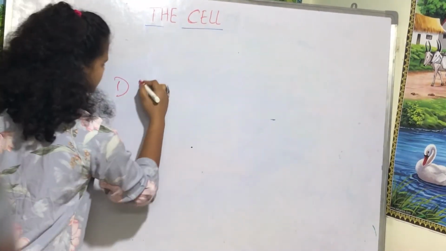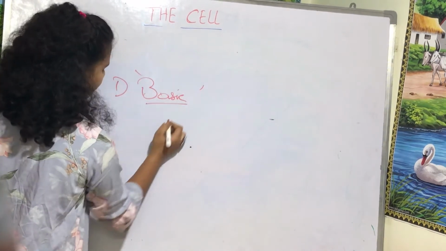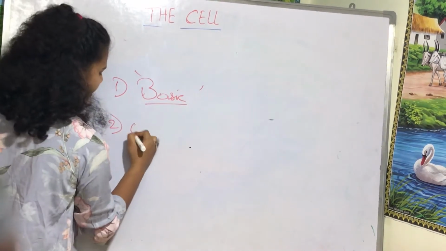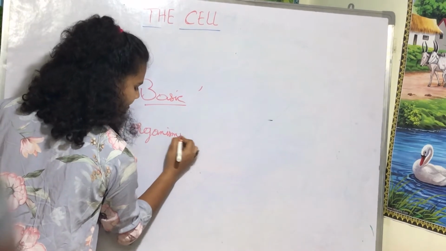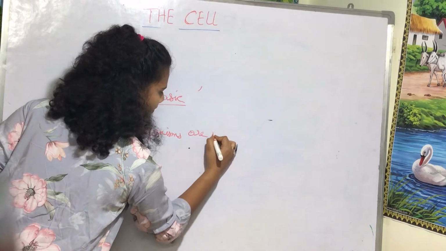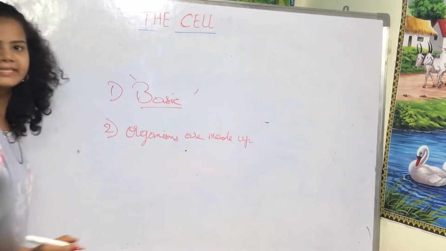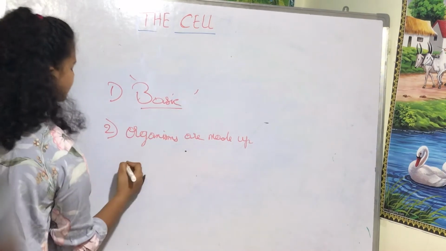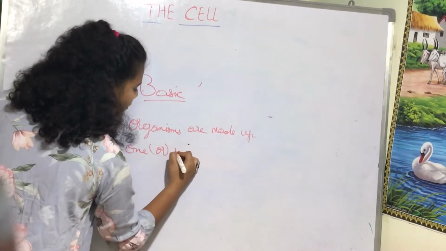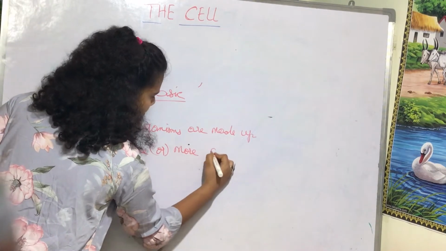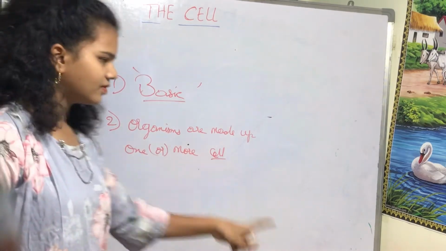And the second one is that organisms are made up of what? Cells. So organisms are made up of one or more than one cell.